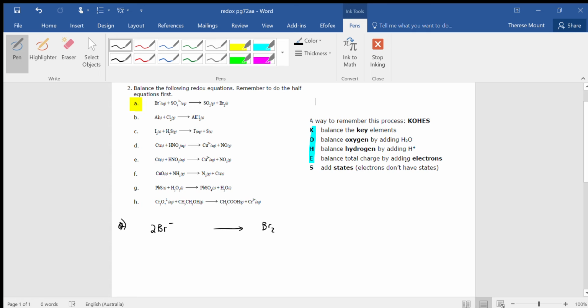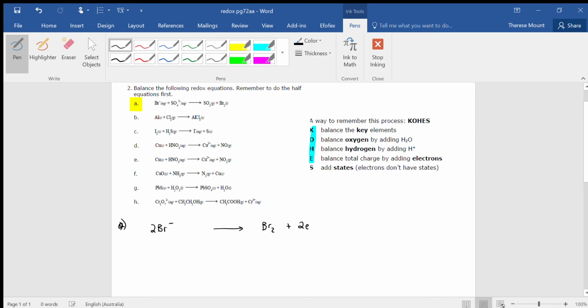Balance the total charges by adding electrons. So there's a 2 negative charge on this side, and there's an overall charge of 0 on this side. I want the charges to be the same, and the only thing I can do is add electrons. So I have to decide, will I add electrons to this side, or this side, to balance the charges?